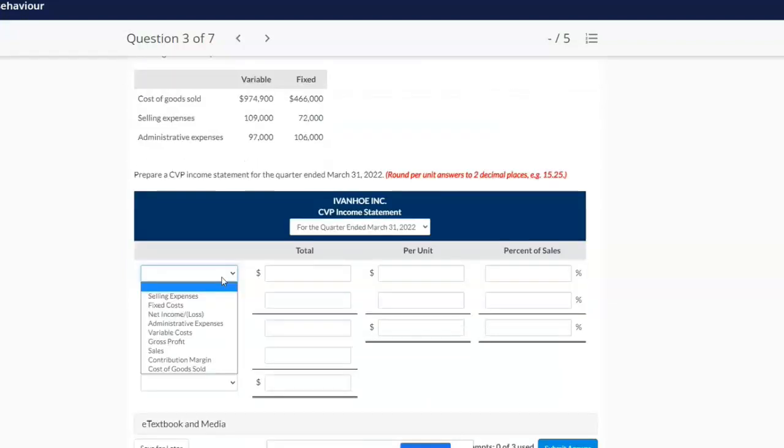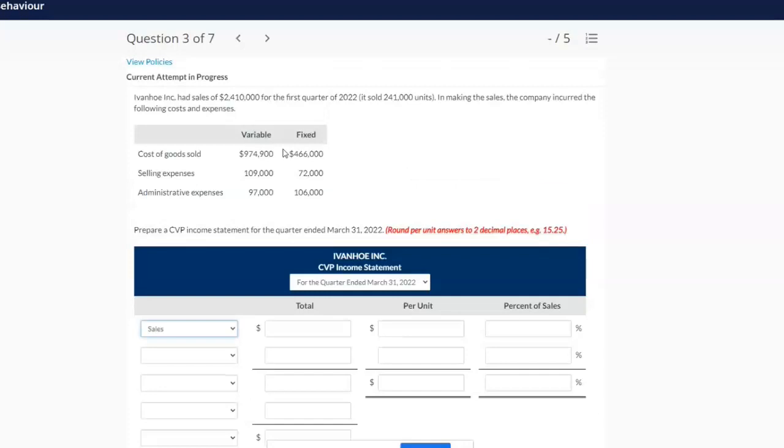We start with the sales. Those are dollars, not units, so 2,410,000. Per unit, we divide this by the units.